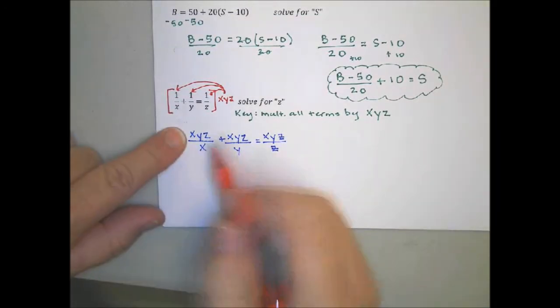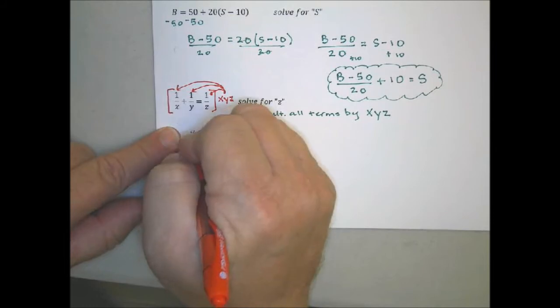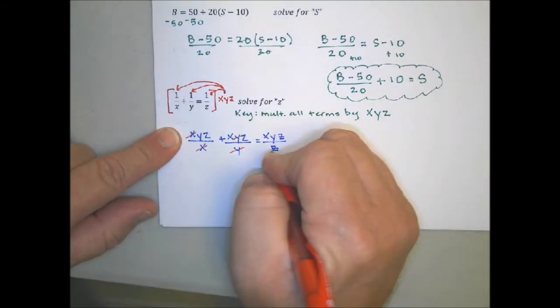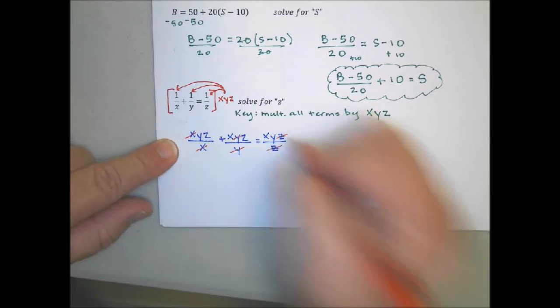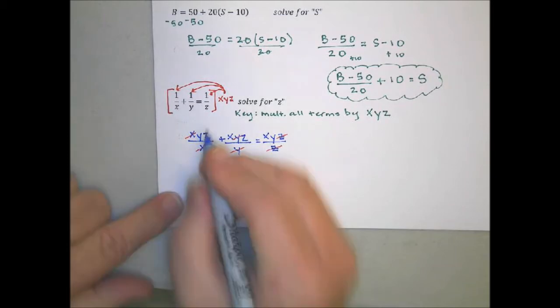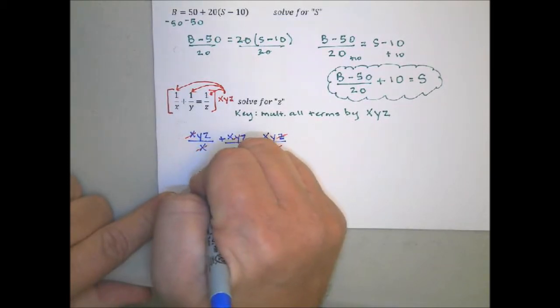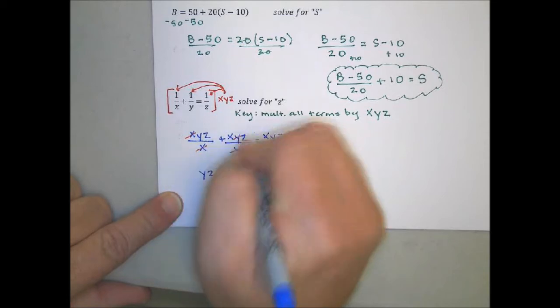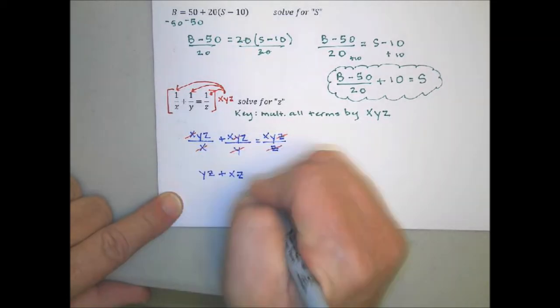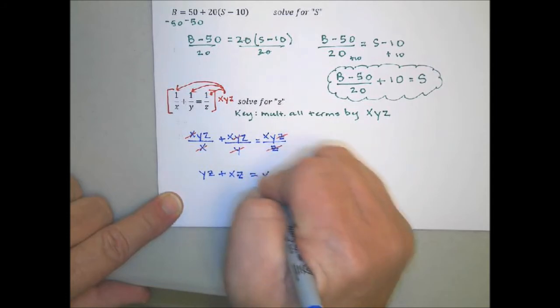This first one, it's the x's that reduce. The second one, it's the y's that reduce. The third one, it's the z's that reduce. So look at the equation we've got now at this point. We have yz plus xz equals xy.